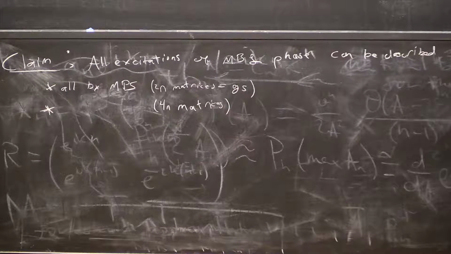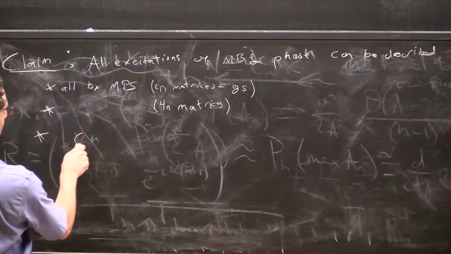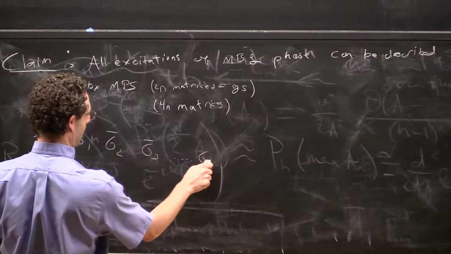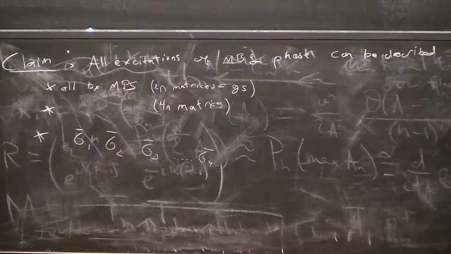And then it's going to be described, morally speaking, in exactly this way. Here we have a spin for each site. The ground state is going to be not a spin for each site, but a pair of matrices for each site. Again, we'll outline this in detail in 2 minutes. But the ground state is going to be a pair of matrices for each site. And if we want to get one of the finite energy density excitations of the many-body localized phase, we're going to pick some sites, and change the matrix on that site to something else.